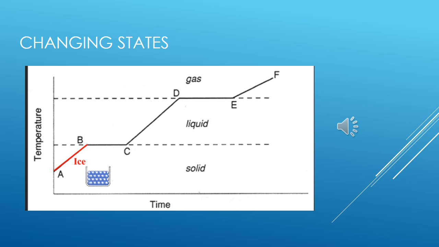Now, if we look at water going from ice to liquid, here we have a graph that shows the different phases. At point A, we still have a solid, which means we have ice. As we increase the temperature, we will see that the temperature of the ice starts climbing until we get to point B. From B to C, over time, we see no real change in temperature because we are now at the melting point.